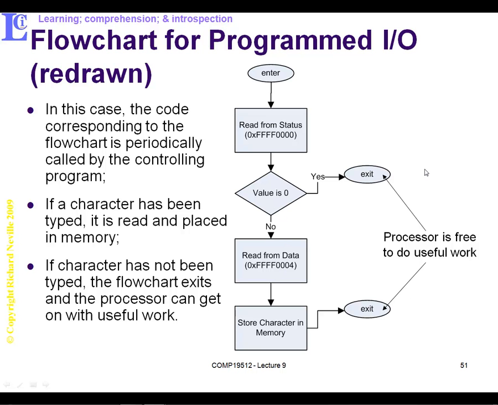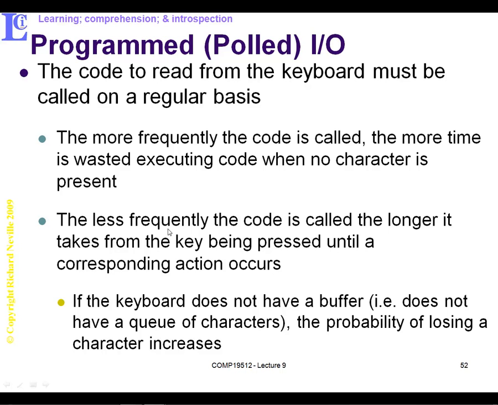If not, let's go and run some other program. So this flow process is quite important, that we could poll the I/O and not stay in the status register loop. So the code to read from the keyboard must be called on a regular basis in this previous page's flowchart case.